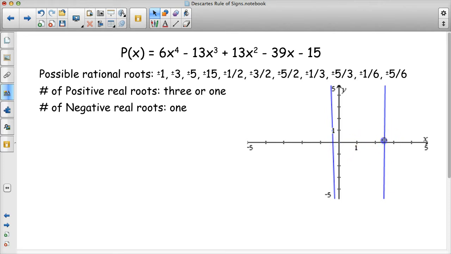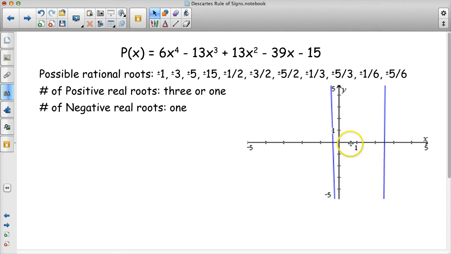And the other thing we know is that this root right here, the positive root, has to be between 2 and 3. Now, if we look at all of our possible rational roots, we've got to go up there and look at our fractions. 1/2, plus or minus 1/2. Well, this doesn't look like it's -1/2. And here's positive 1/2. That's not it.